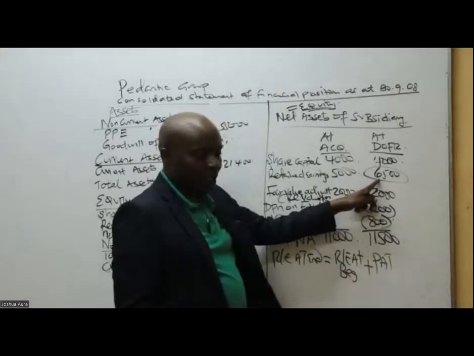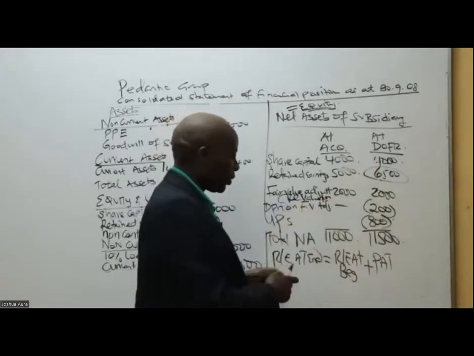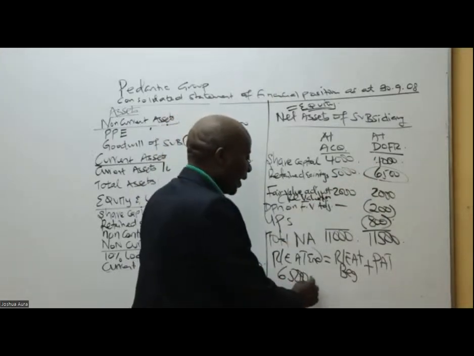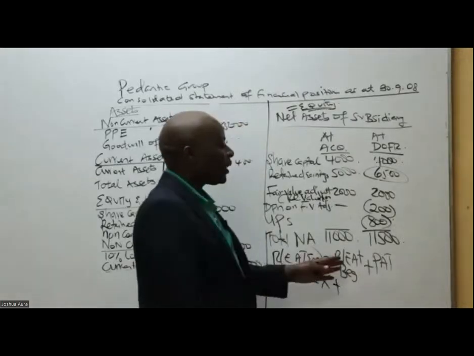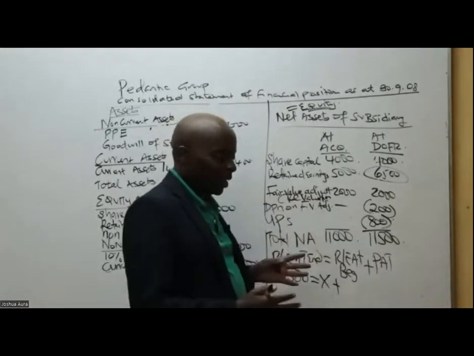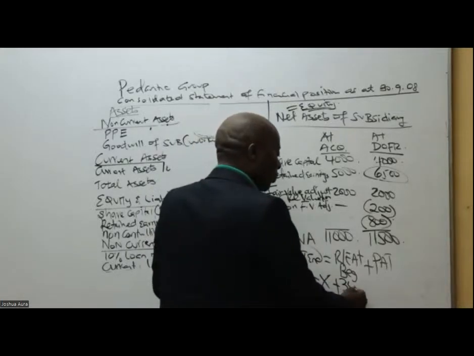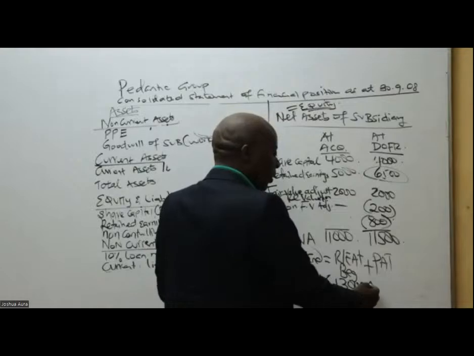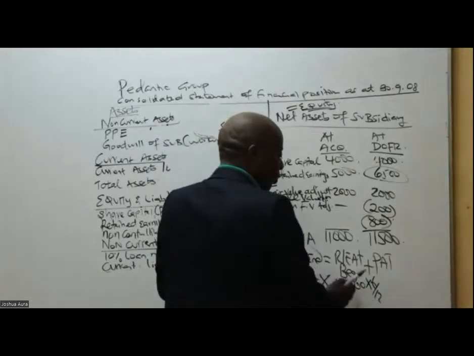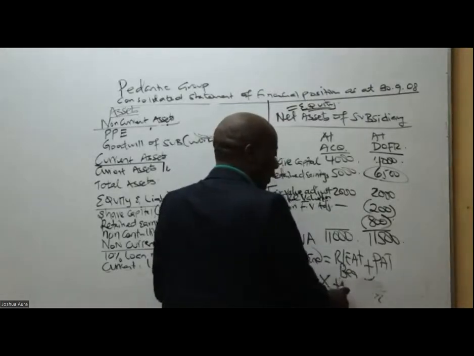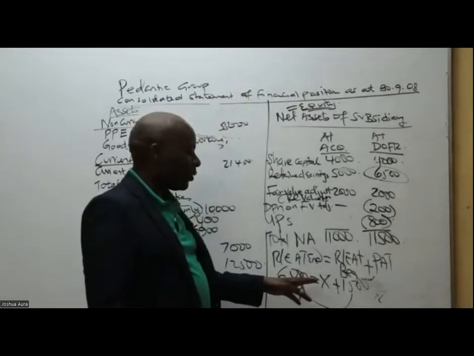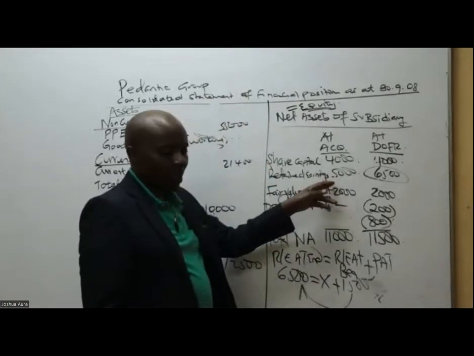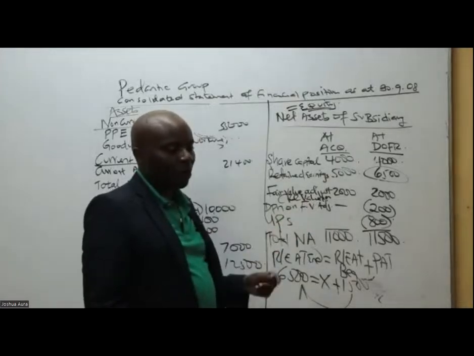At the date of financial reporting, there were 6,500. At the beginning, we don't know, so X, plus profit after tax for the whole year of the subsidiary, which was 3,000. But you see, this is for the whole year, and yet we stay with our subsidiary for how many months? 6/12. So this gives us what here? 1,500. So if you take this to the other side, it will be 6,500 minus 1,500, which will give us 5,000, like that. I hope, Susan, that helps somehow.